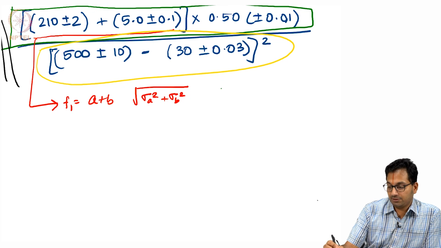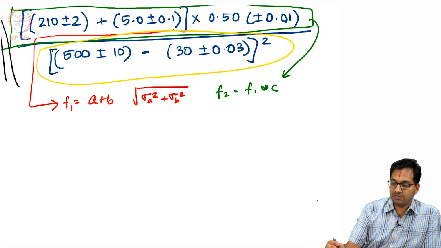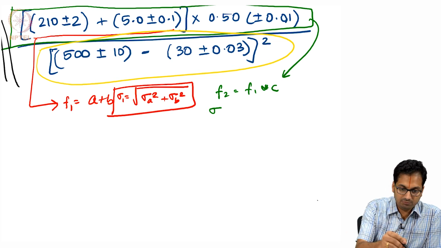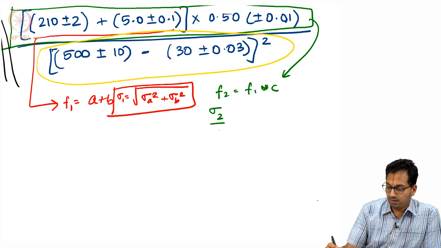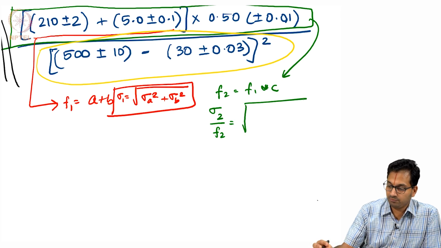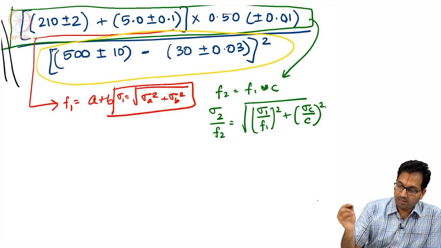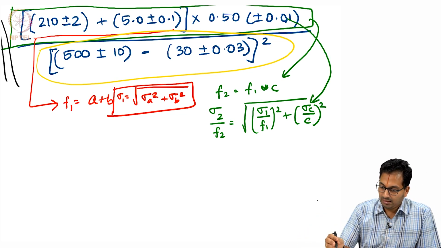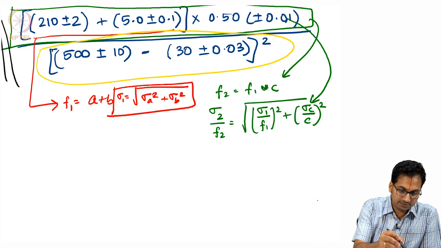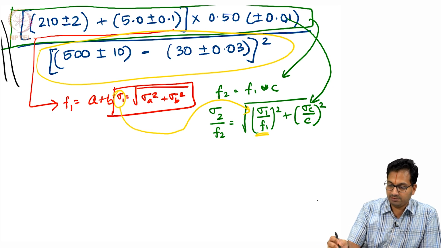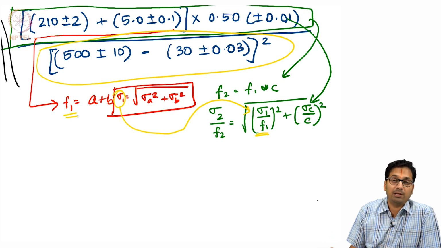We see that the next calculation f2 is f1 times c, in which case sigma 2 by f2 is going to be given by a square root of sigma 1 by f1 the whole square plus sigma c by c the whole square, and you have sigma c from here, and the sigma 1 will be fed from this case, and of course f1 is determined in this case already by the sum of 210 plus 5.